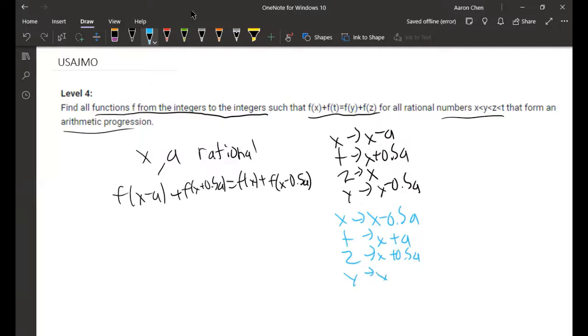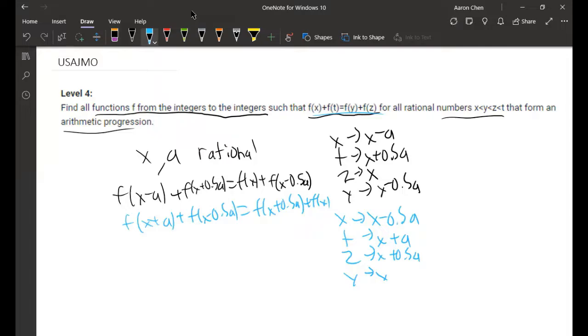And so the resulting equation from this is that f of x plus a plus f of x minus 0.5a is equal to f of x plus 0.5a plus f of x.